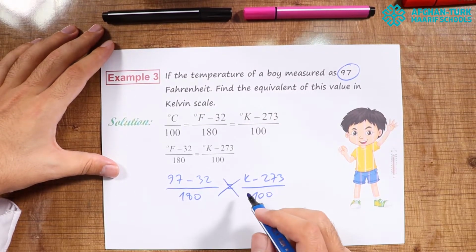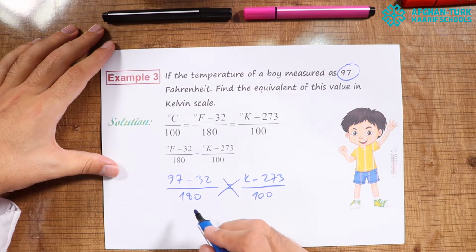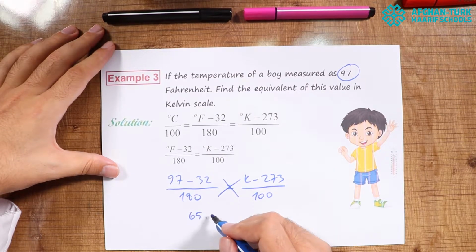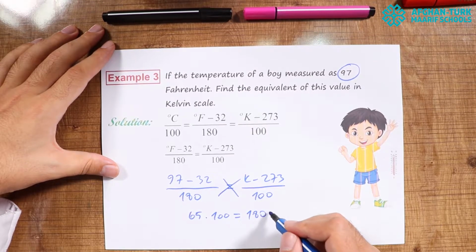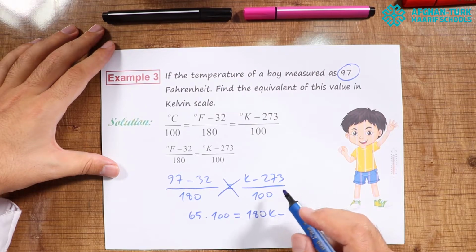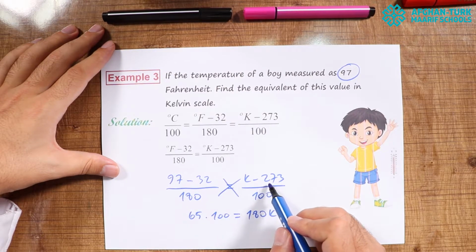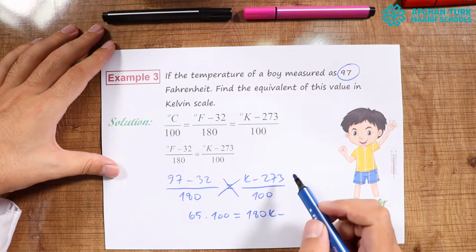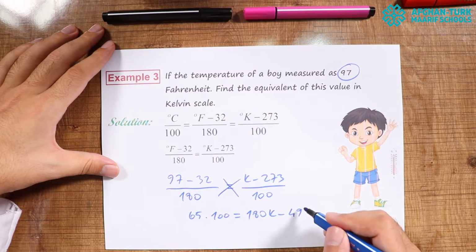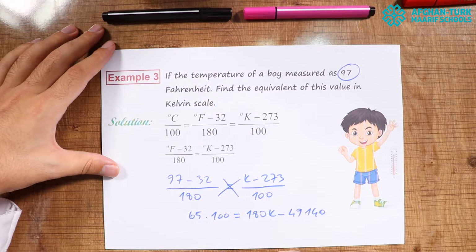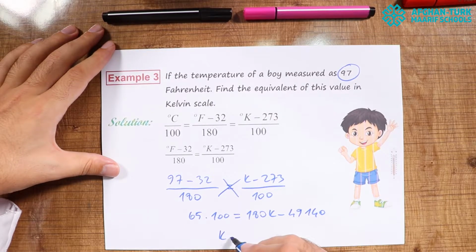Cross multiply, I will have 65 times 100, that's equal to 180K minus 180 times 273, which is equal to 49,140. And from here I can find K as 309.